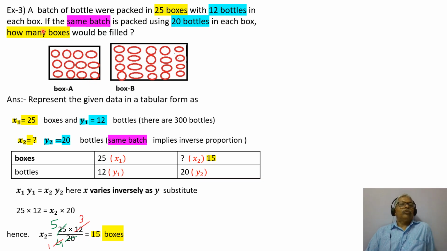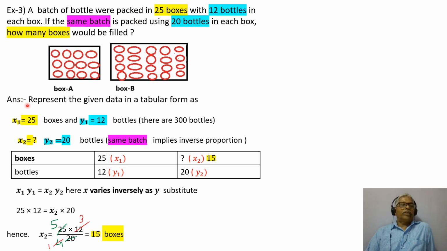So, reading it: 25 boxes and 12 bottles, remember these two quantities, and 20 bottles, and boxes we have to calculate.